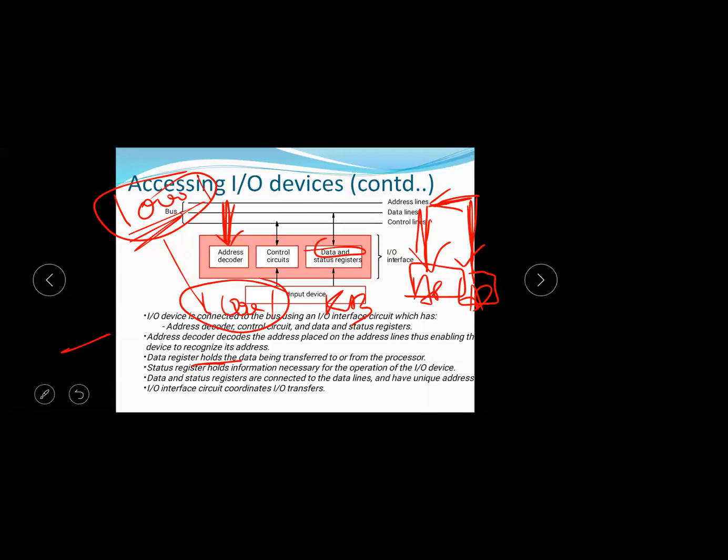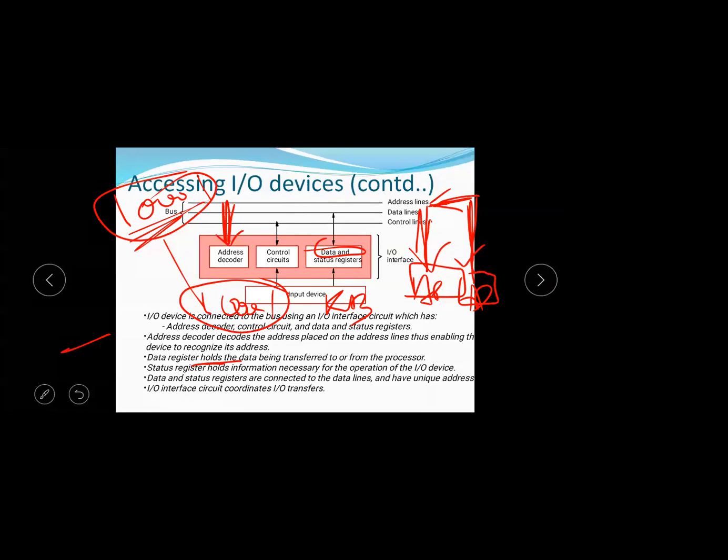Okay, IO interface circuit coordinates IO transfer. The interface circuits coordinate the IO transfers. All IO transfers are coordinated by the IO interface circuits.